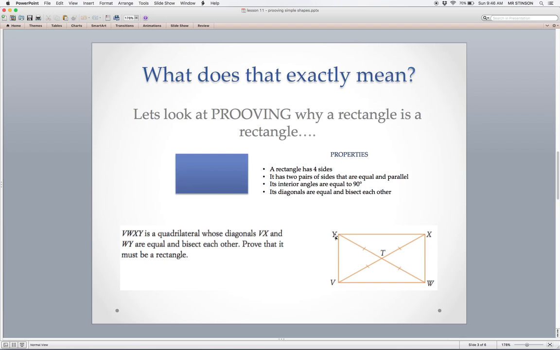Prove that it must be a rectangle. Now, what it means to prove that this is a rectangle is to simply prove all of the properties are true.